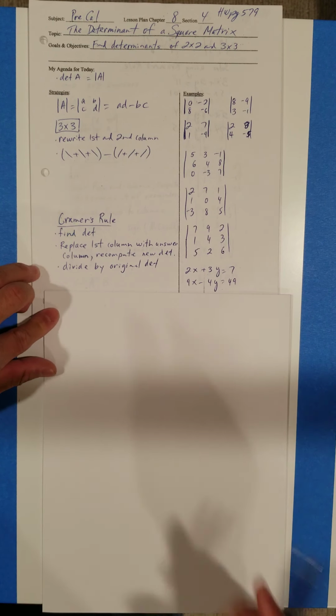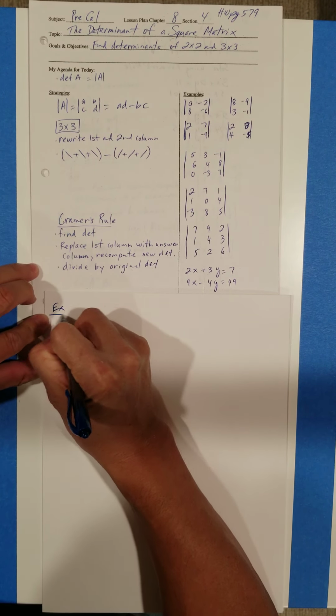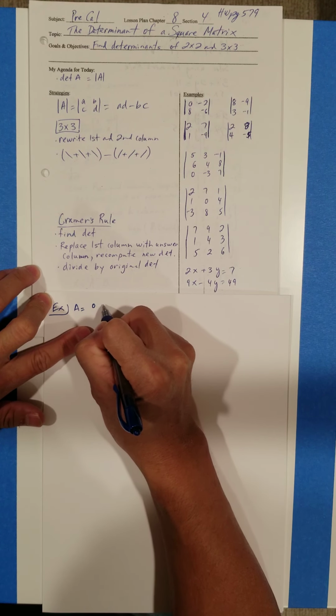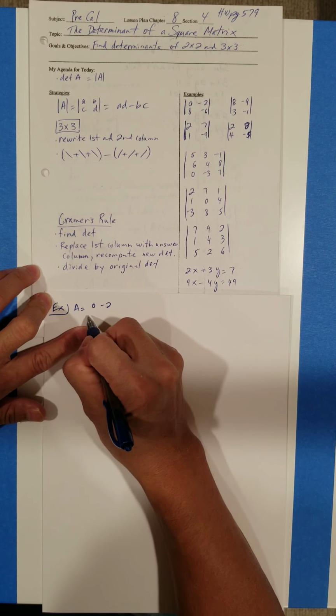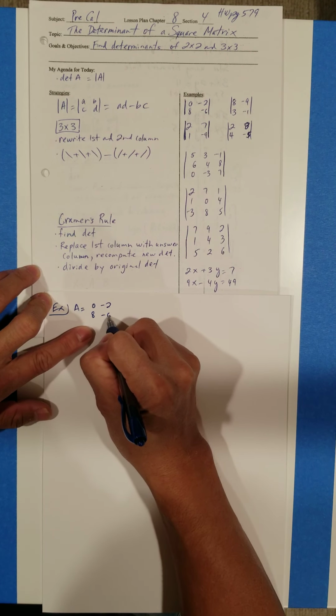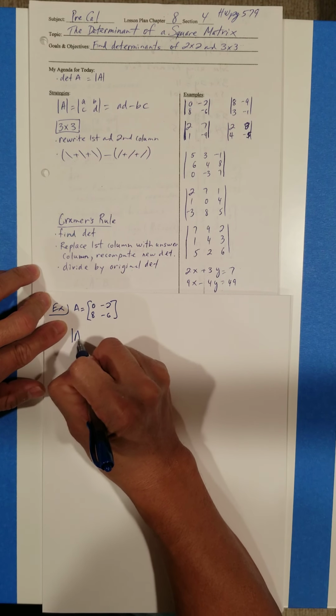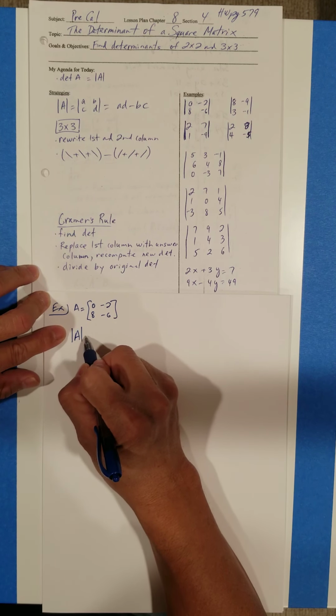So some easy examples. Let's say, for example, A is this matrix here: 0, -2, 8, -6. Here's a matrix A. See that symbol? That means determinant.